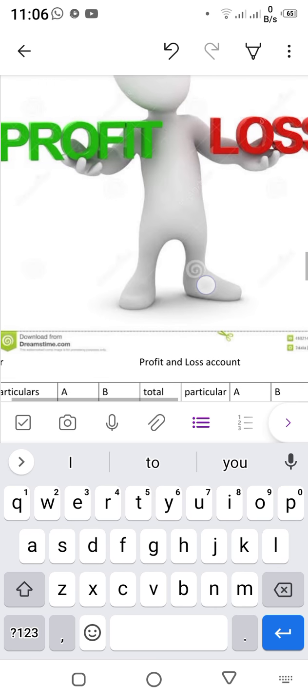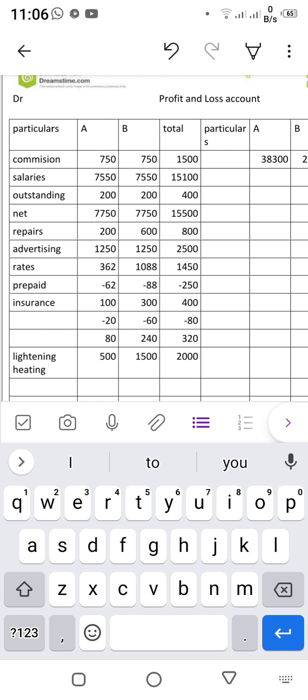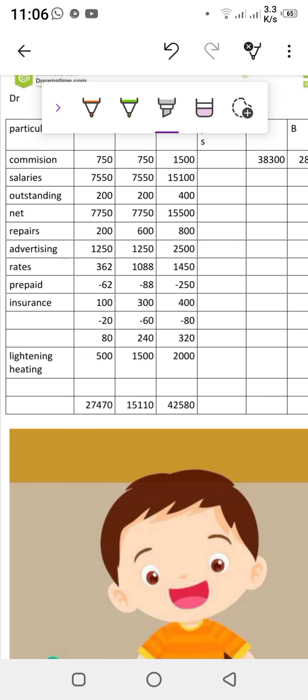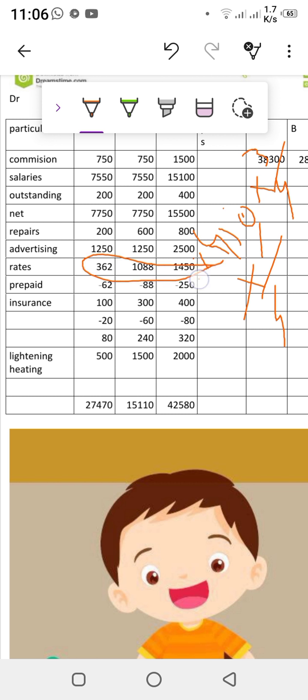The adjustment and rates both will be distributed in a proportion of 1/4 and 3/4. 362, 1088 is the amount of rent distributed, 1450 into 3/4 and into 1/4, and similarly this prepaid 250, 3/4 and 1/4. This will be distributed in the same proportion.